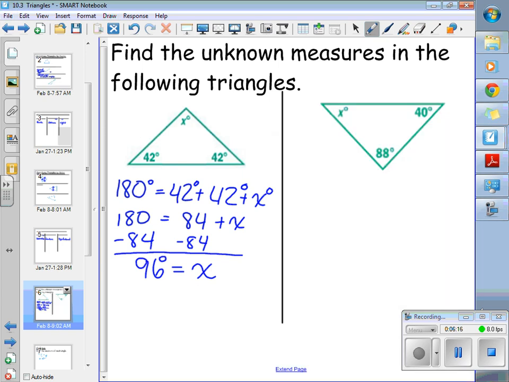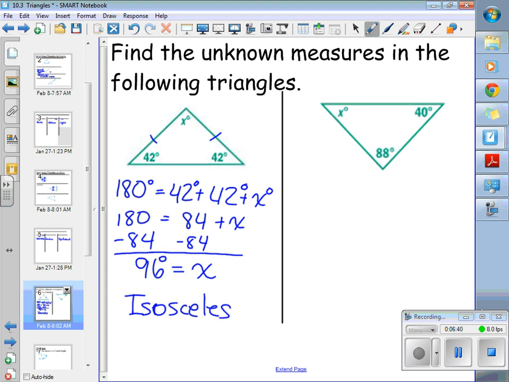Okay. And over here, actually, before we move on, you can tell that this triangle is also isosceles by the fact that it has two angles that are the same. So these two sides would have to be in equal measure too.